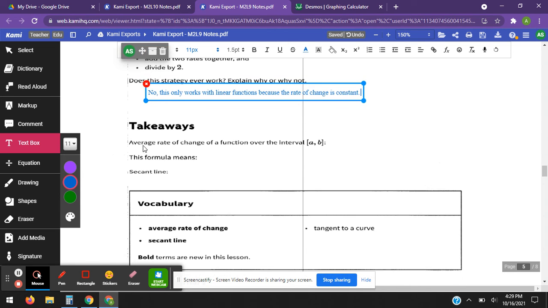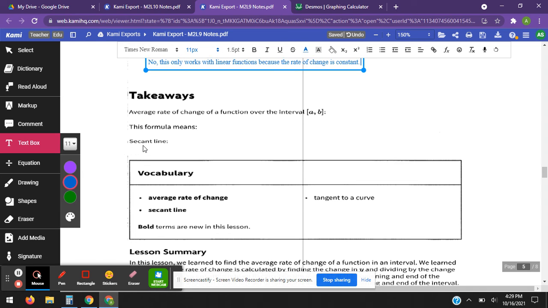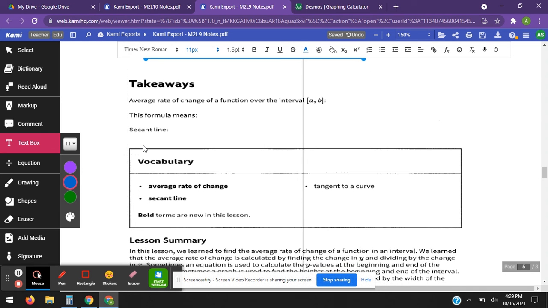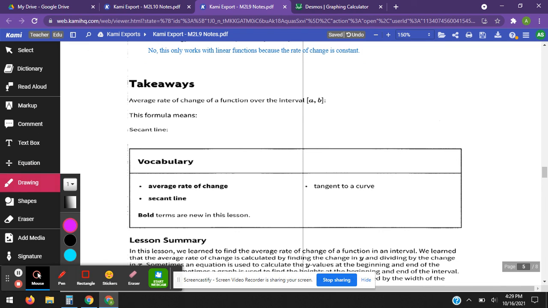It's incorrect otherwise. Okay, so average rate of change of a function, here's our takeaways, over the interval a to b is f of b minus f of a, divided by b minus a.